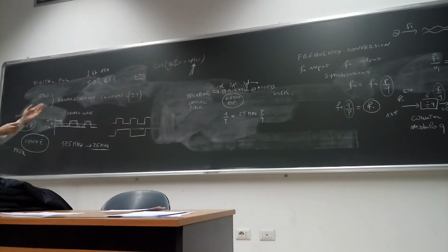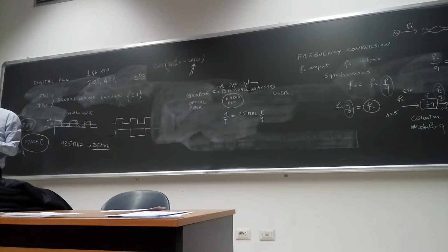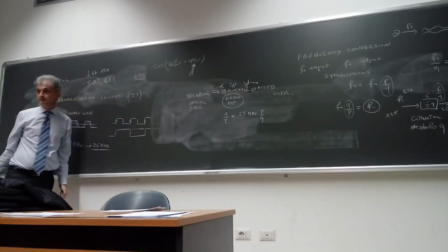Well, this means that we must have a large number of time slots where to put information. Then we can put or not put information on that time slot. But having time slots means having a clock reference like this. Time slot, time slot, time slot.